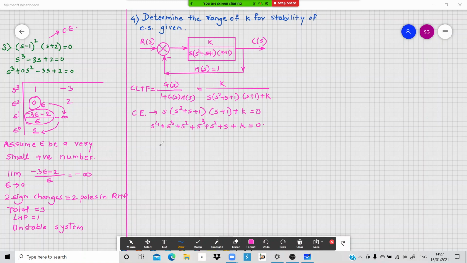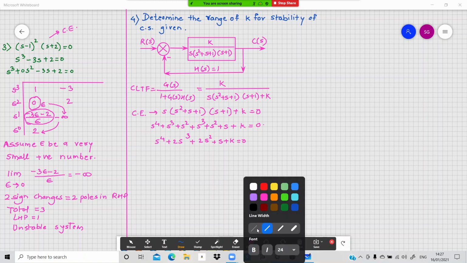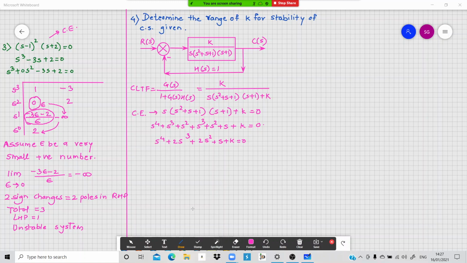Fine. So you are going to have S raised to 4 plus 2S cube plus 2S square plus S plus K equal to 0, and we want to know the value of this K, which is the gain of your system.